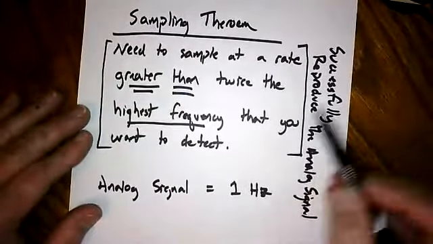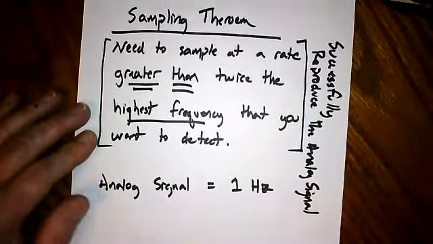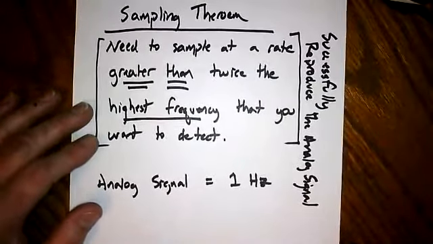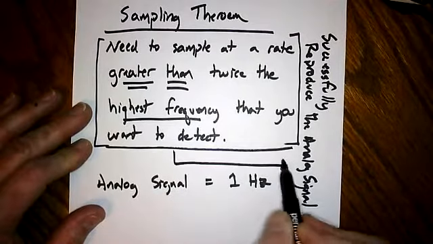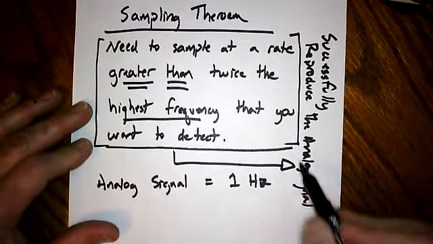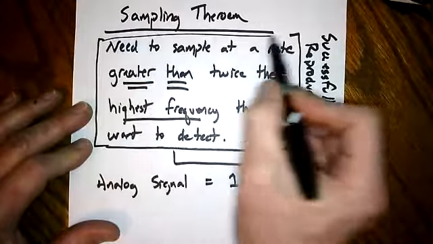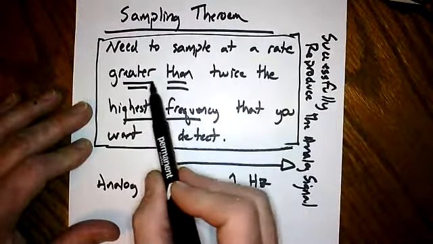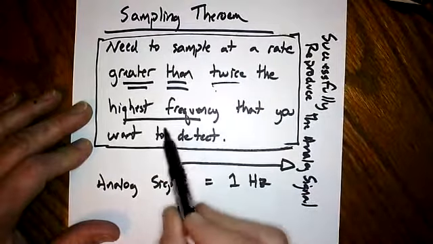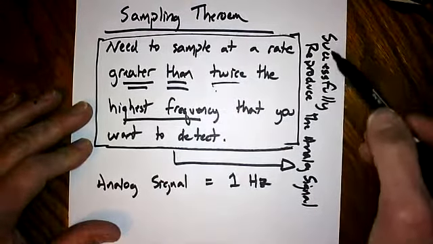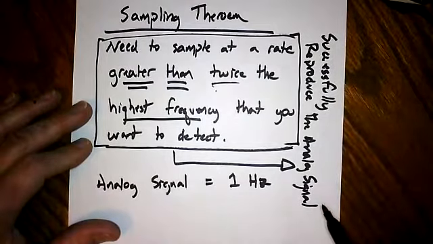If you don't do this, you cannot be successful. So we want to be successful. So collect that all together, that is the sampling theorem. If you sample at a rate greater than twice the highest frequency that you want to detect, you can successfully reproduce the analog signal.